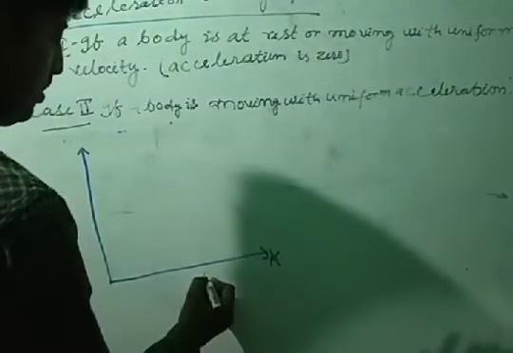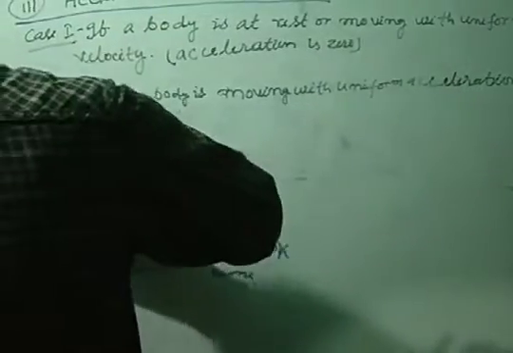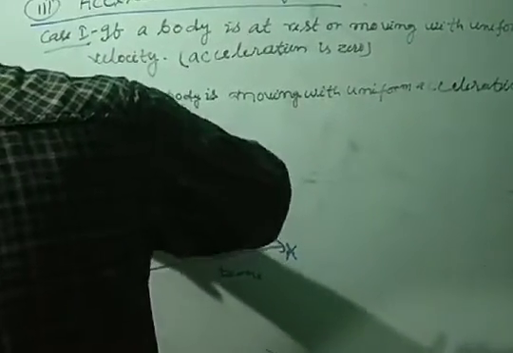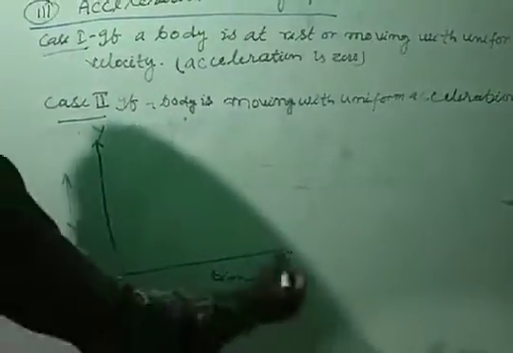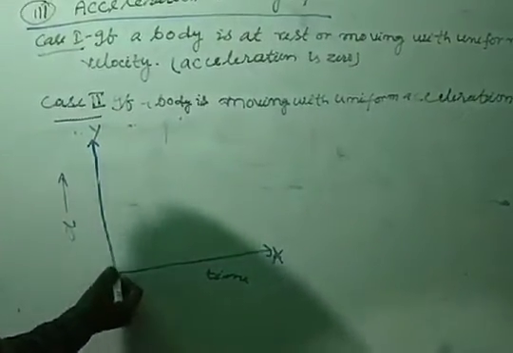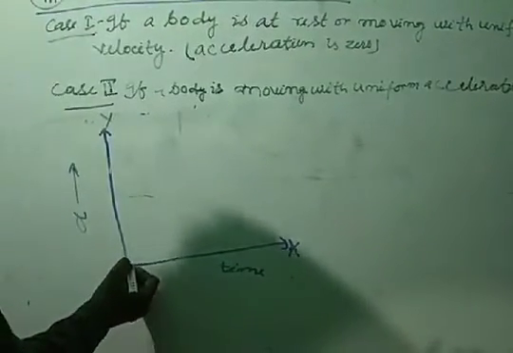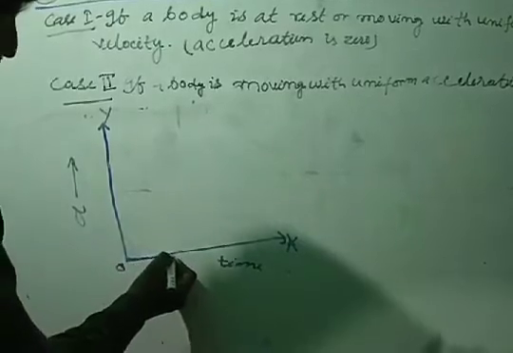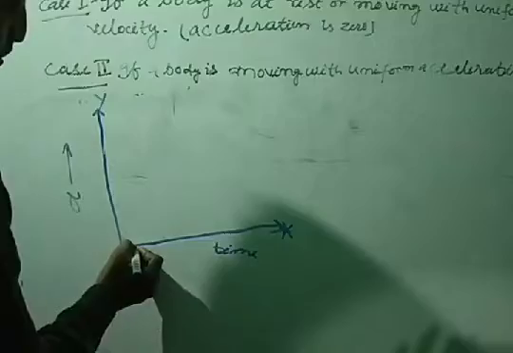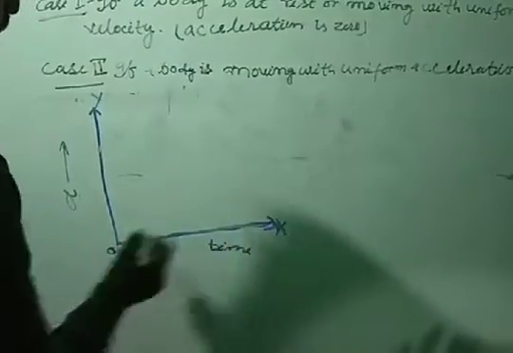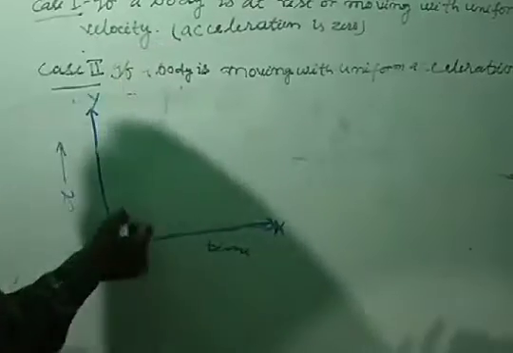Here time is taken on x-axis and acceleration is taken on y-axis. So if the body is at rest, the graph is plotted on the time axis. So it is the graph of the body at rest or moving with uniform velocity.